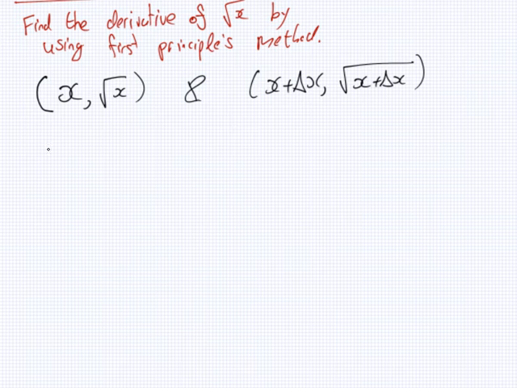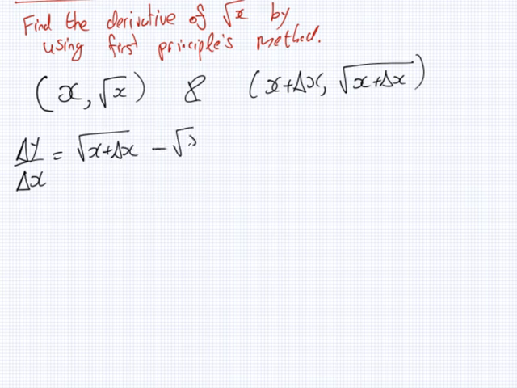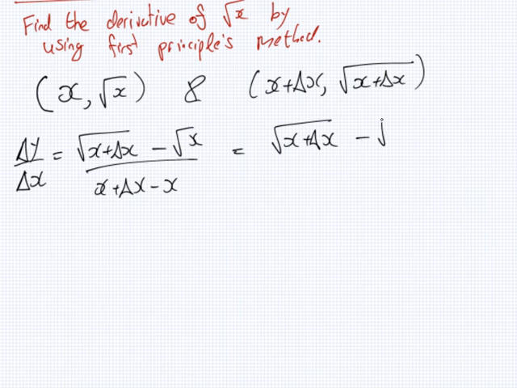Yes? Delta y over delta x is y2 minus y1 over x2 minus x1, which is root x plus delta x minus root x over delta x.